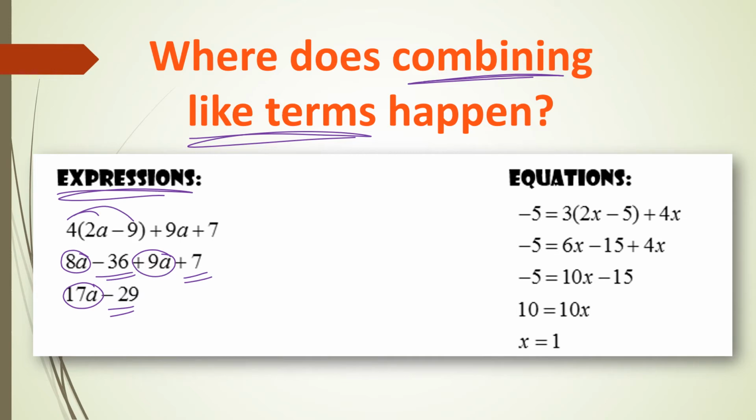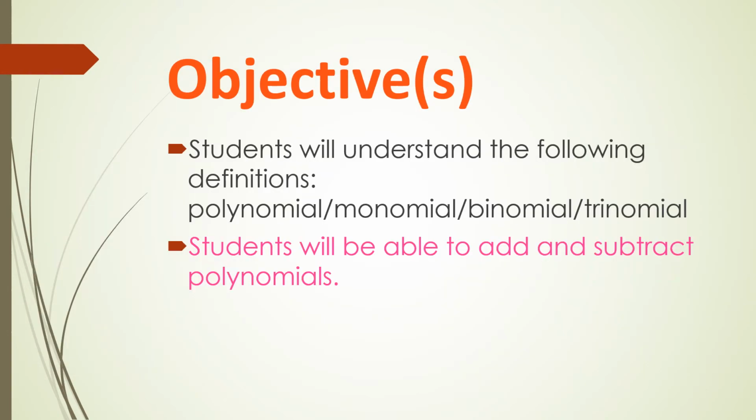And when we solve equations, same idea. In the process of solving equations, we've combined like terms, right? After we distribute on the same side of the equal sign, we try to combine things together so that our equation is a little bit easier to deal with. So we've been combining like terms, but it's been in ways that only deal with one variable at a time, whereas now we're going to be dealing with multiple variables.